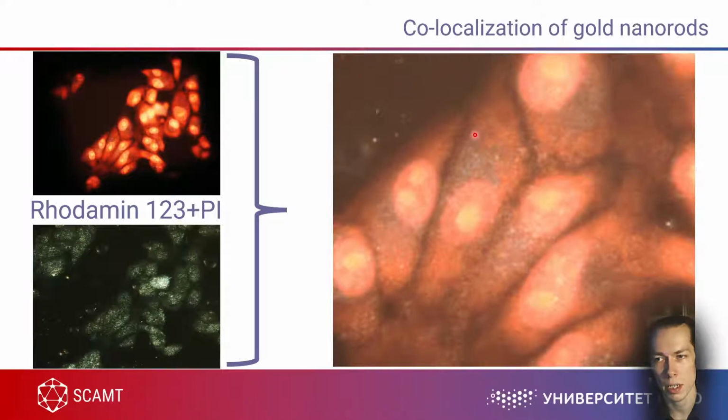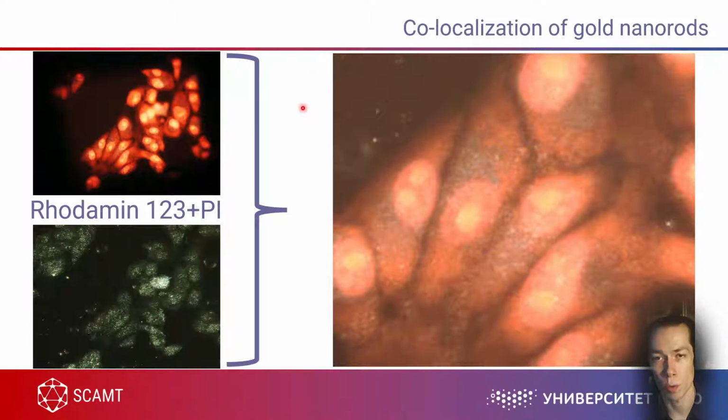As you can see, this green, a very pale but still observable green color, is the mitochondria. It's not very easy to see here, but with your own eyes it's quite better. So we see staining of mitochondria at the same place as nanoparticles.